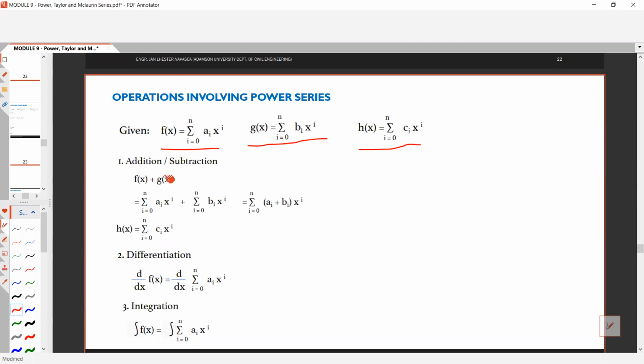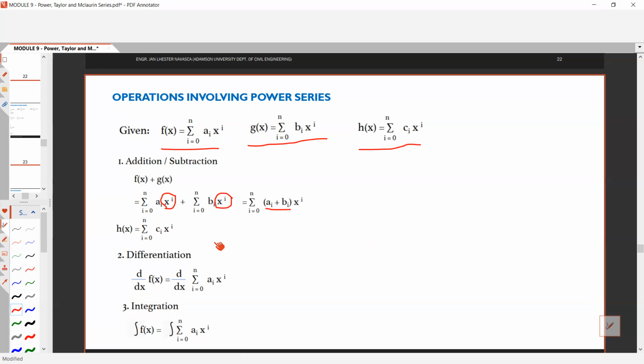So for addition and subtraction, f of x plus g of x is just simply this one. Pwede mo siyang i-add kapag parehas sila ng powers: a sub i plus b sub i times x sub i. Basta parehas sila ng powers, kahit mag-plus or mag-minus, you can add them.